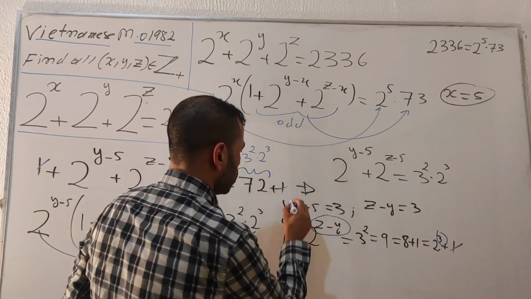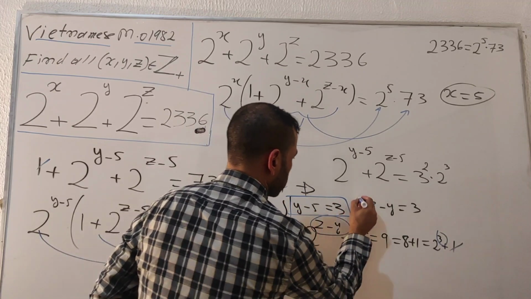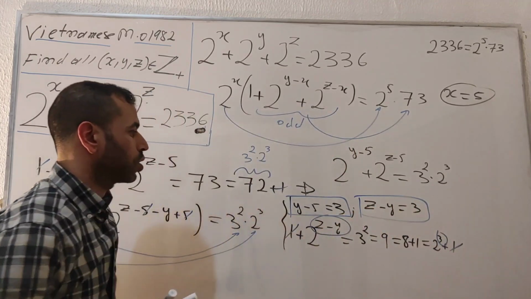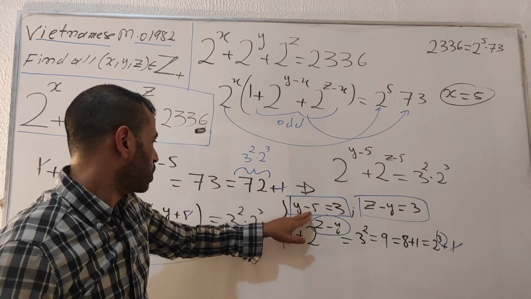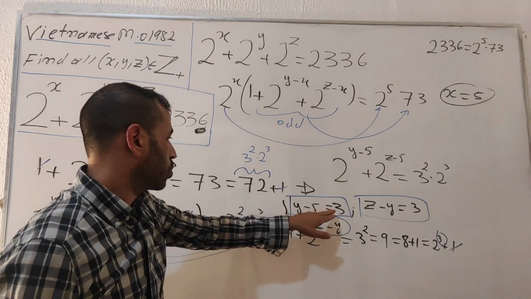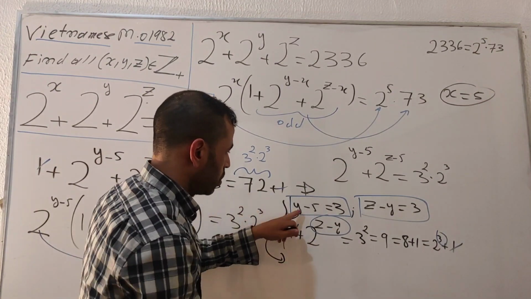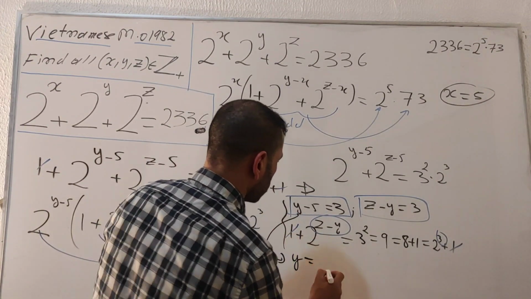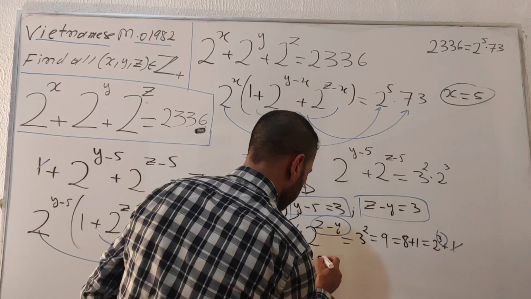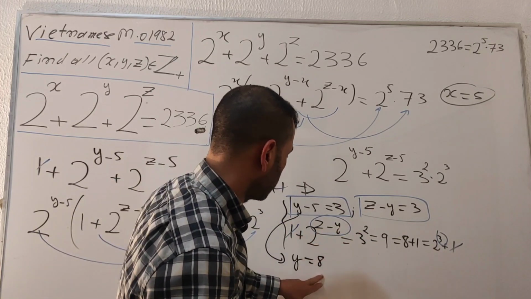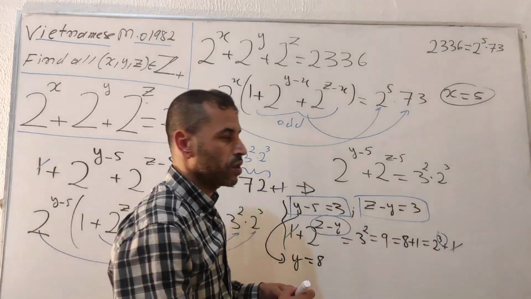So we get two expressions here. We get y minus 5 equals 3. I'm simply going to put y equals 3 plus number 5, which is 8. Then I'm going to replace this value of y into the other equation to find z.